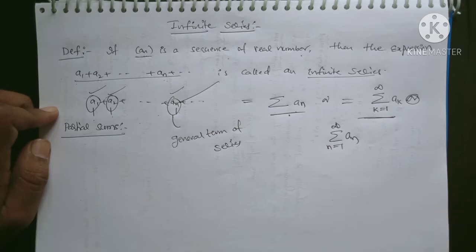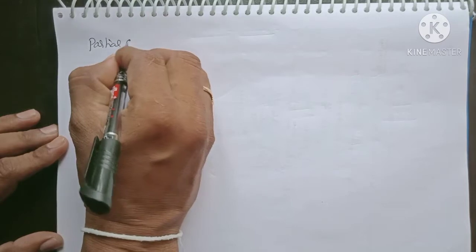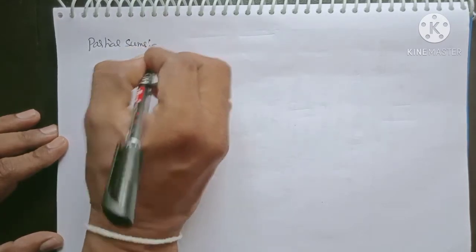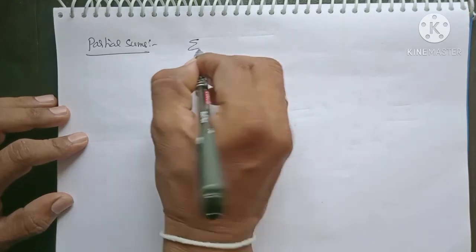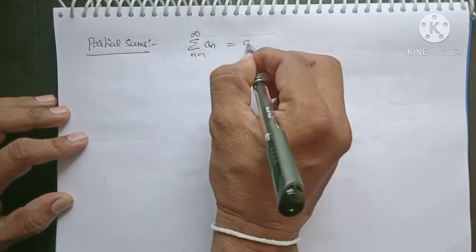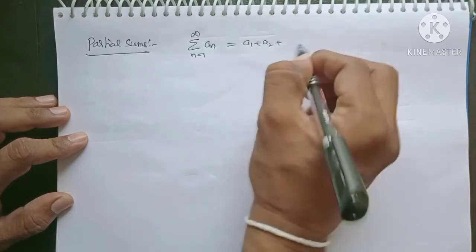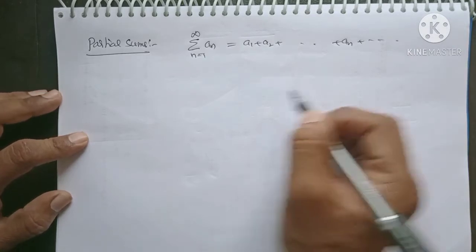Now I am discussing partial sums of a series. Suppose sigma n is equal to 1 to infinity an is equal to a1 plus a2 plus and so on, an plus etc., is an infinite series.